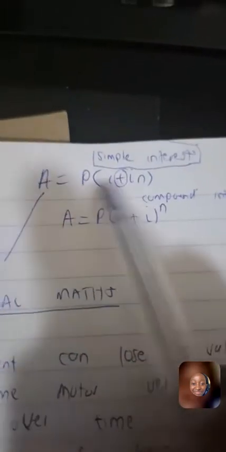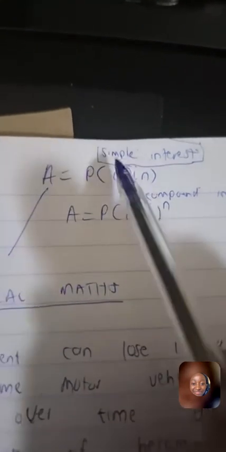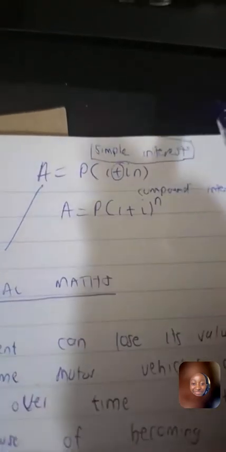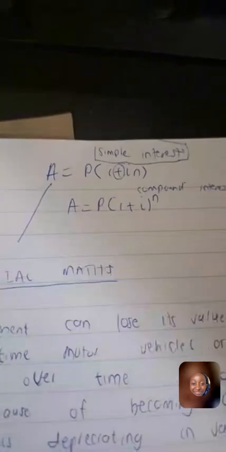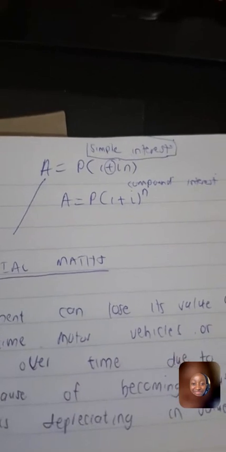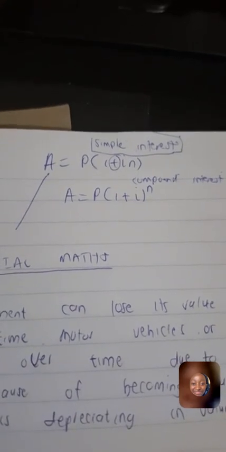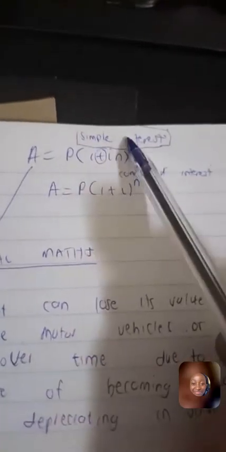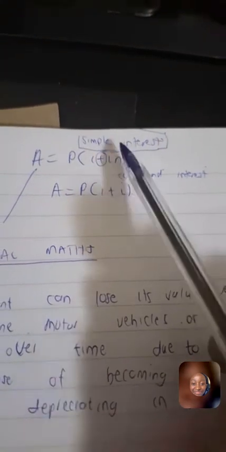This is the same idea as when you were looking at simple interest versus compound interest. With simple interest, your amount of money increases by the same amount every time. But compound interest grows exponentially.